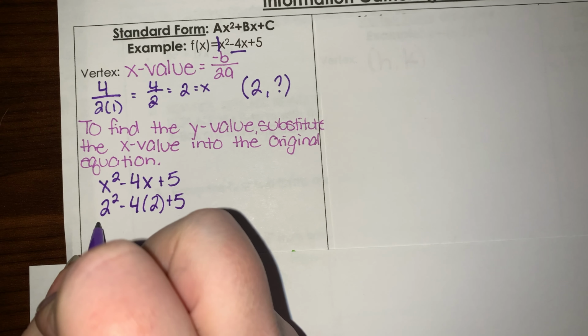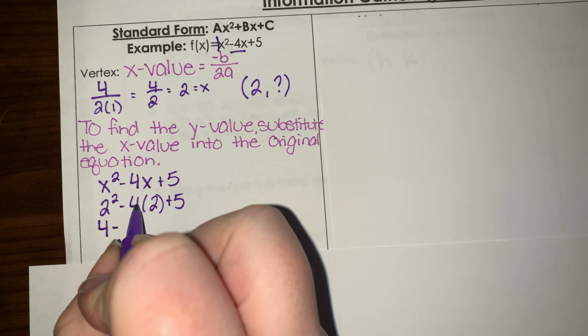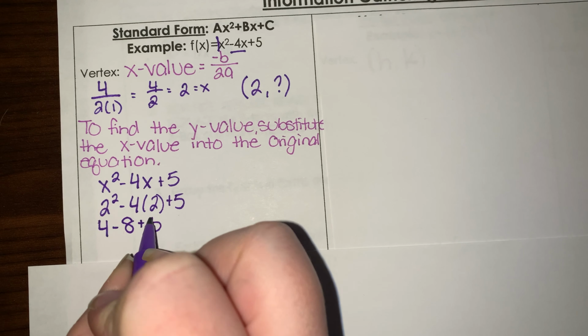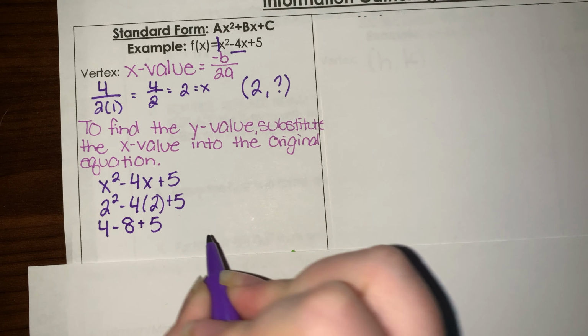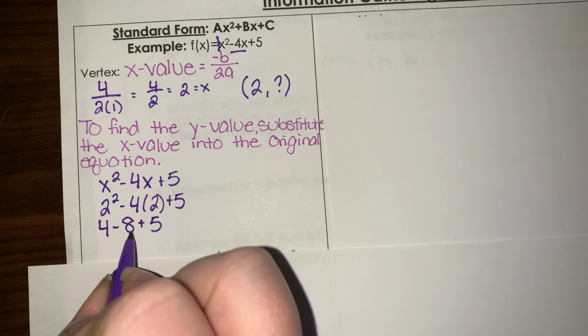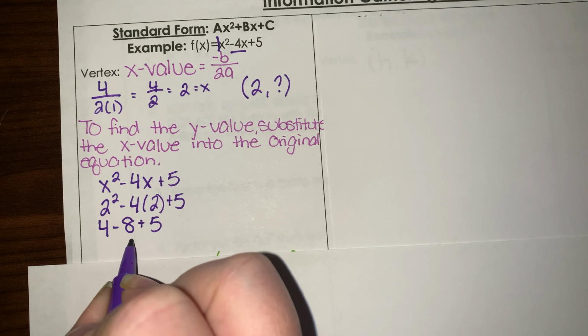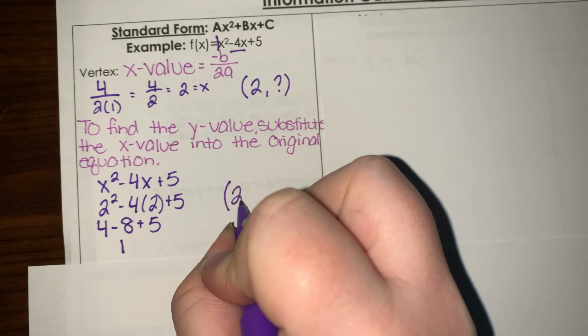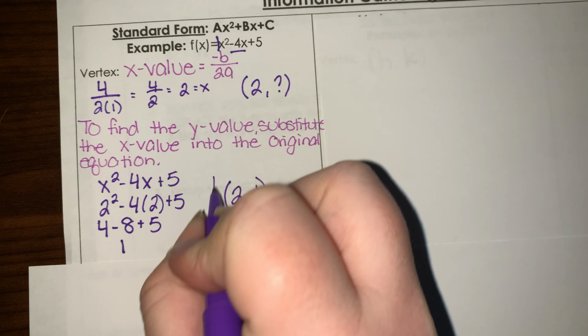So 2 squared is 4, minus 4 times 2 is 8, plus 5. And this again is going to give me the y value of my vertex. So 4 minus 8 is negative 4, negative 4 plus 5 is positive 1. So my vertex is located at 2, 1.